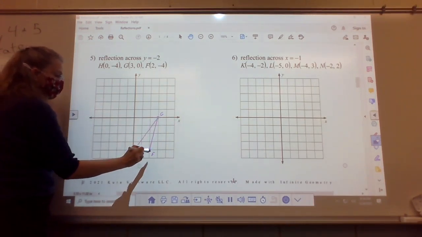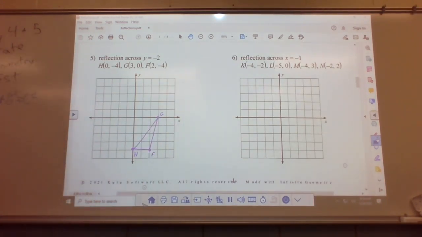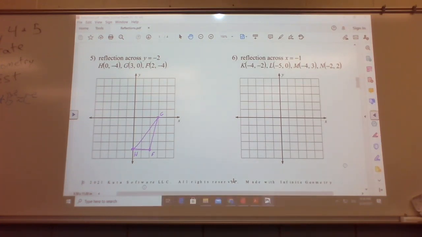So that's my original shape. And like I said, I still have a few people going backwards, especially if it seems like there's a 0 in there. First number sideways, second number up and down. So just be really careful.